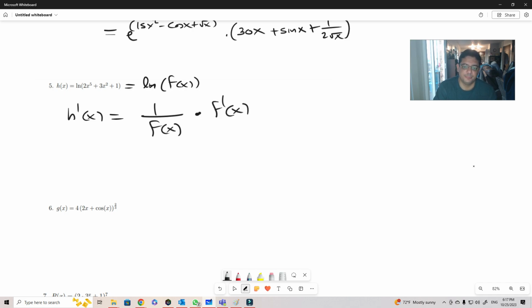Okay? And so now at this point I can replace what f of x is. And I can multiply by the derivative of f of x, which is 10x to the 4 plus 6x. And that's it.